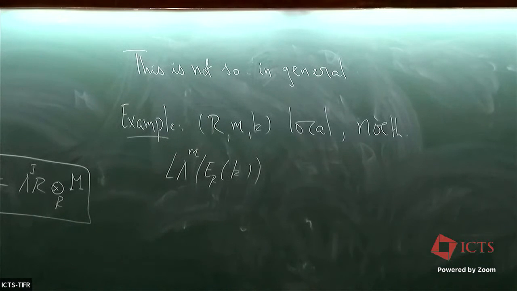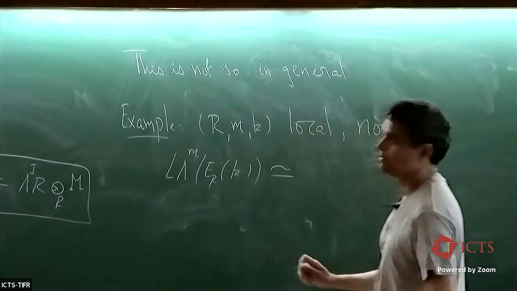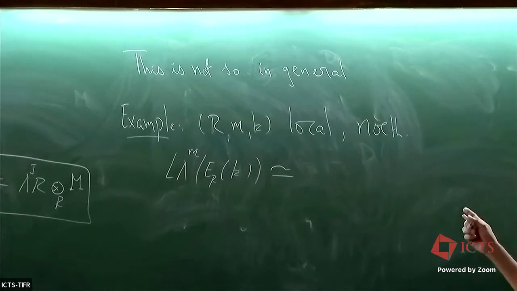Well, if you haven't worked with it, it's not a fair exercise. But let me tell you what it is and leave it maybe as an exercise. This turns out to be the dualizing complex for the completion of R.